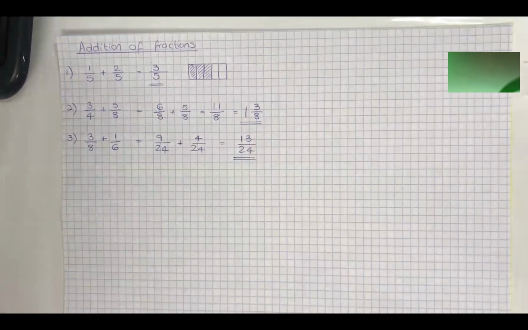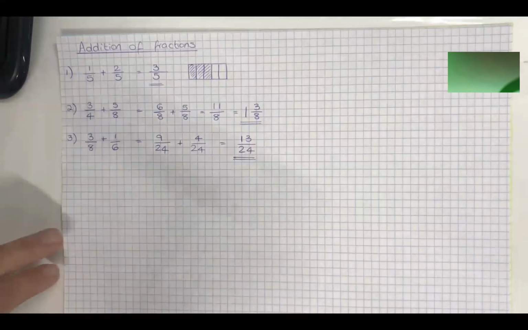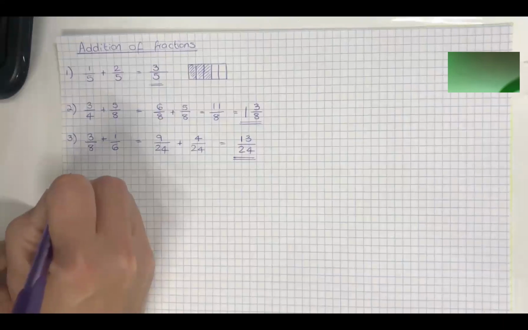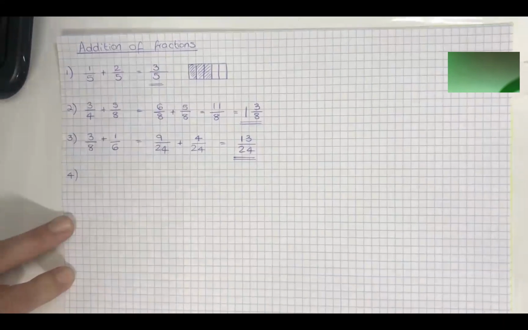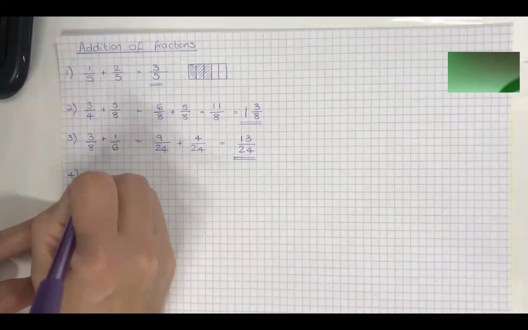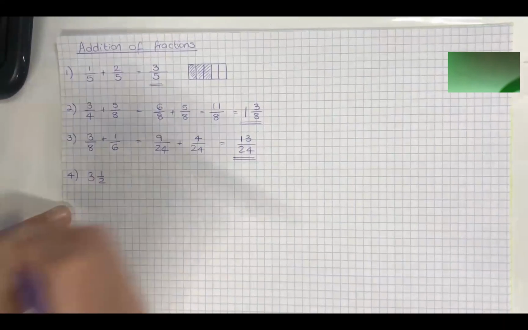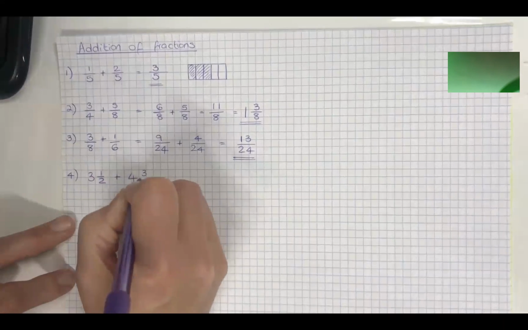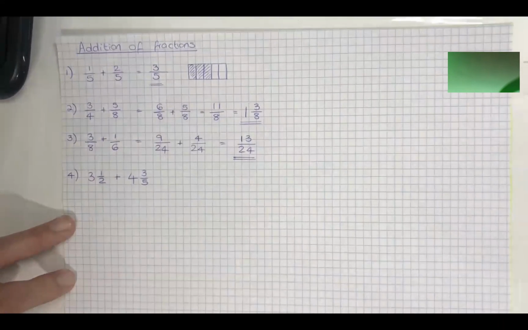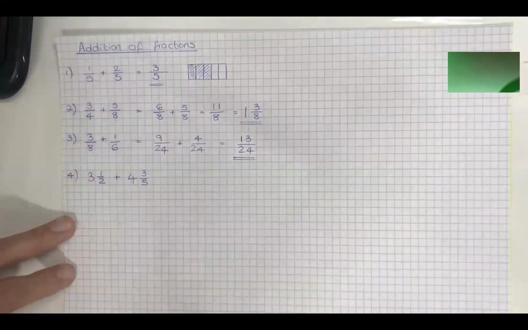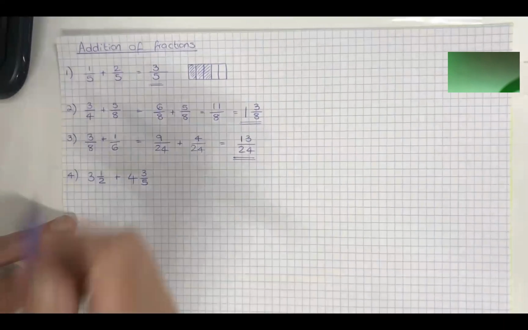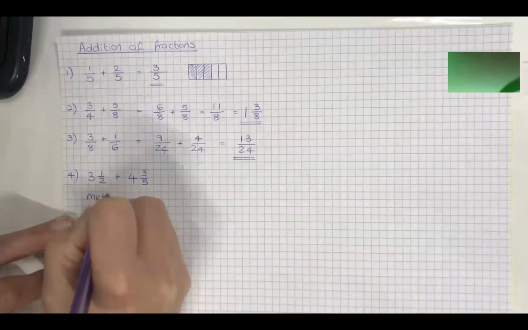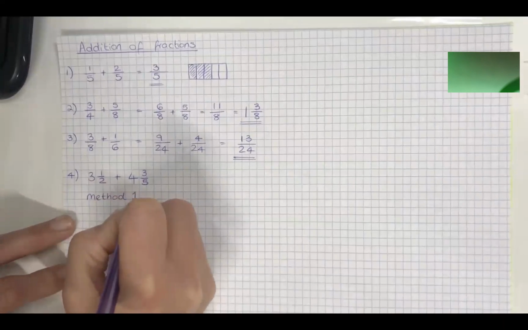Okay, now, one more thing. If we're looking at mixed numbers, so for example, I have 3½ and I'm adding 4 3/5. There are two methods, okay? The first one, now this only applies to addition.